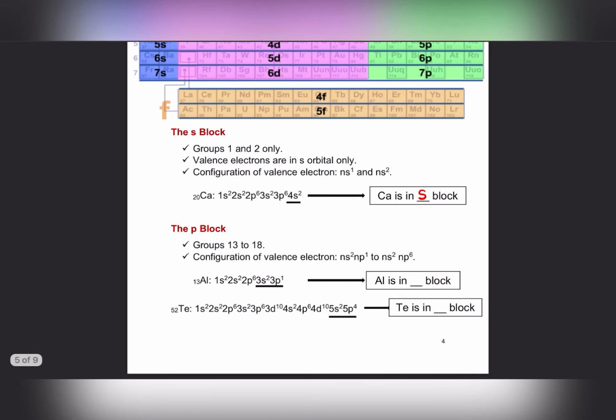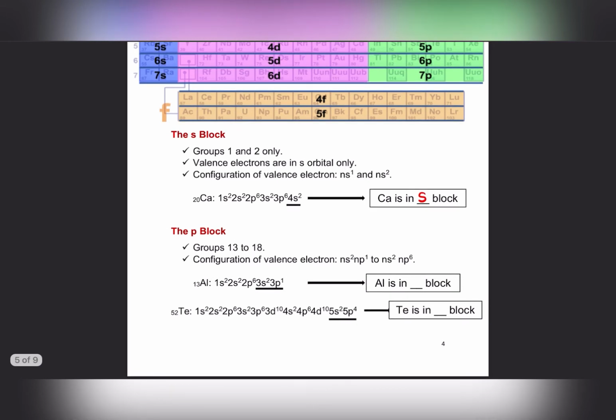Di mana P block, as you see here, hanya merujuk kepada group 13 to group 18 except for helium. So, dia punya VEC, so this is VEC untuk group 13 until group 18. So, macam mana saya boleh tentukan macam tu? Sebab, lihat di sini kita ada ns2, 2 elektron dan np1, 1 elektron.